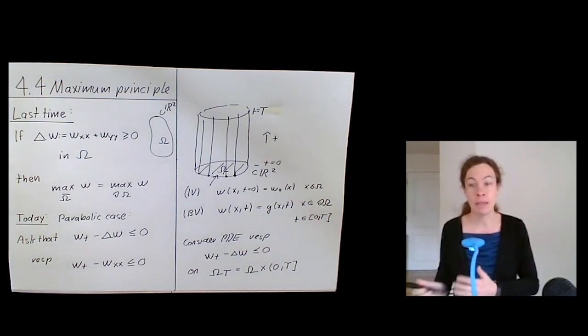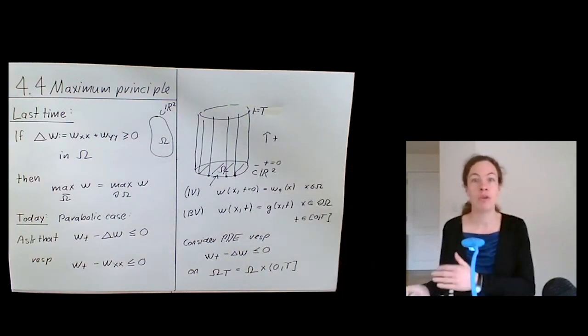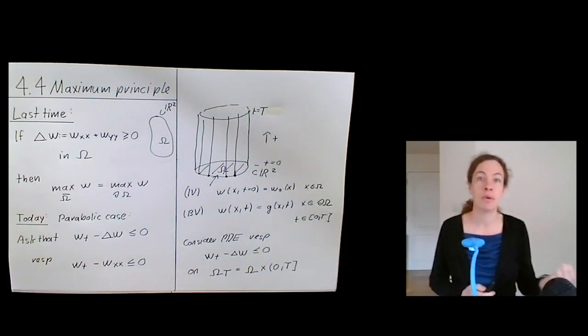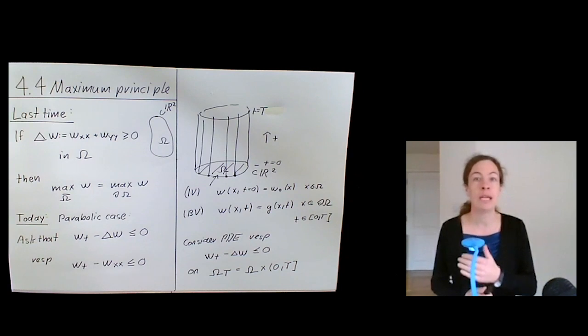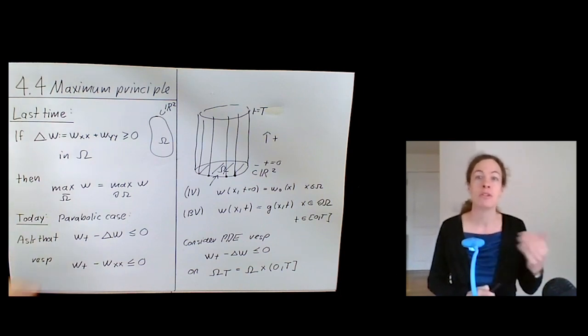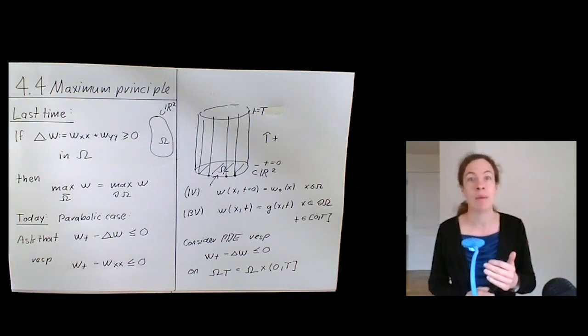Now you can formulate this for a 2-dimensional domain and then cross time, so a 3-dimensional domain in space-time. You could formulate it in n+1 dimensions, and everything really is exactly the same. For simplicity, we're just going to state the corresponding result for 2 dimensions, so 1 spatial dimension, 1 time dimension.